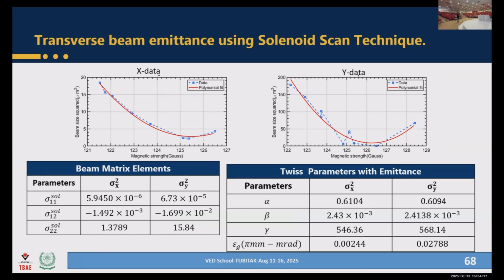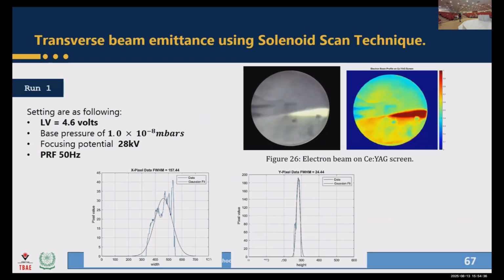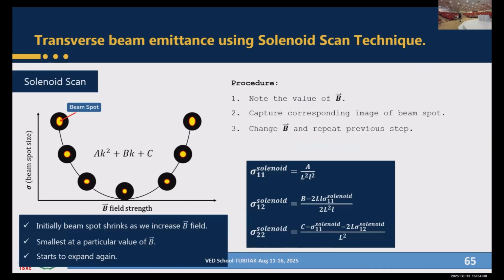If you can think of it as a part of the ellipse, this blue line is the experimental line and the red line is the polynomial fit. We do some post-processing in MATLAB. So basically, this thing is the part of the equation, the Hill's equation, the equation which we used to draw the ellipse. So we know the part. If the part of the ellipse is here, we can guess what the rest would look like.